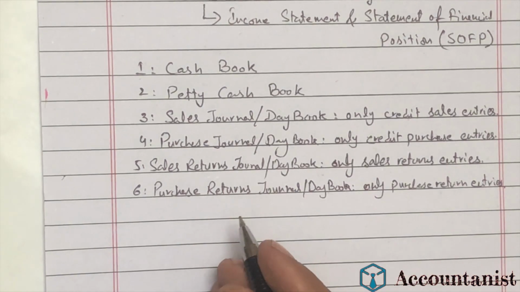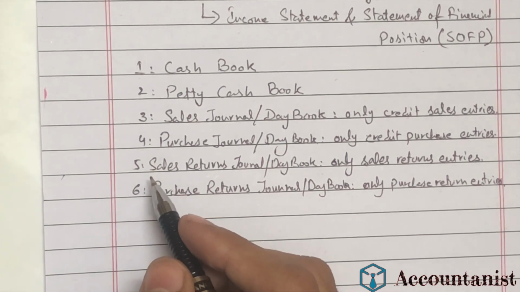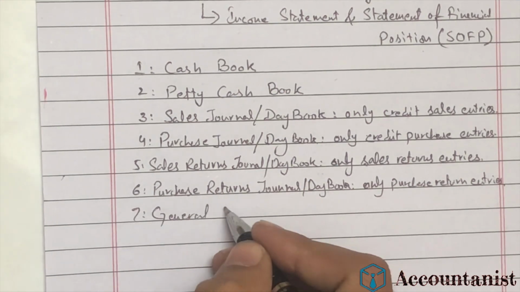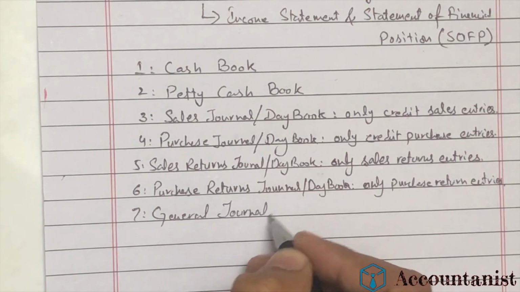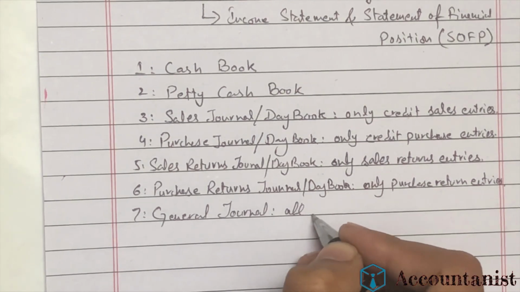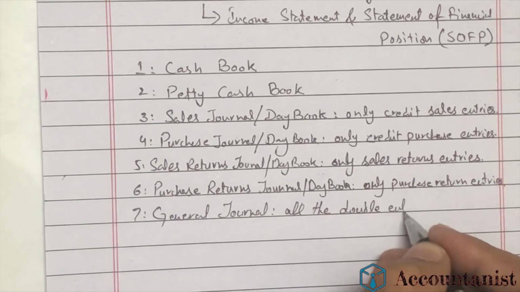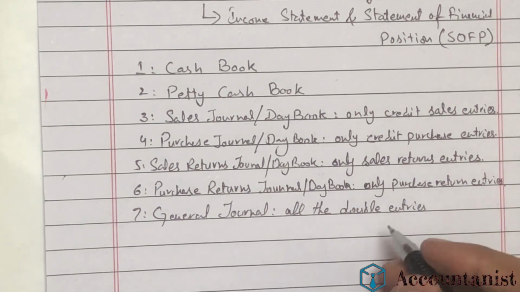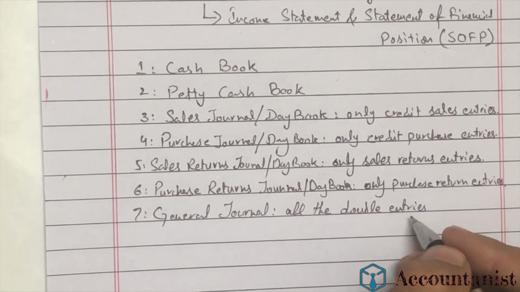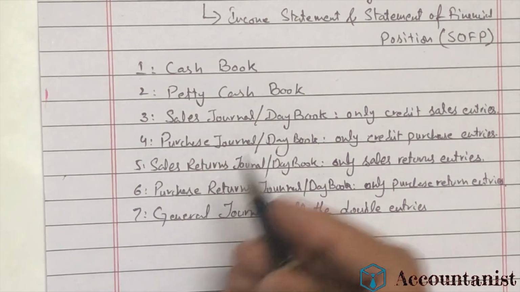The last one, the seventh one, is the journal, in which we record all the double entries of the business transactions. So these are the main daybooks that we have.